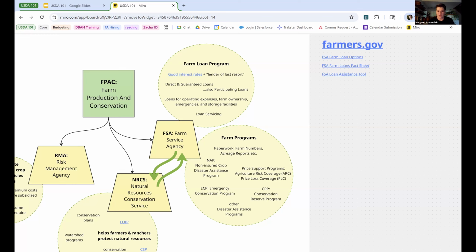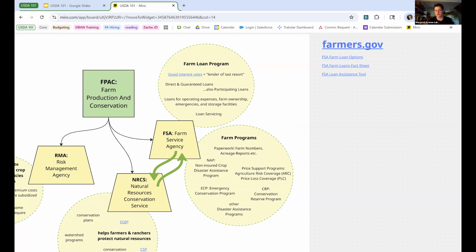NAP, the Non-Insured Crop Disaster Assistance Program, that's one of the risk management tools that we talked about. Excuse me if you can hear the noise my dog is making. NAP can be used as an entry into other risk management tools like whole farm revenue.